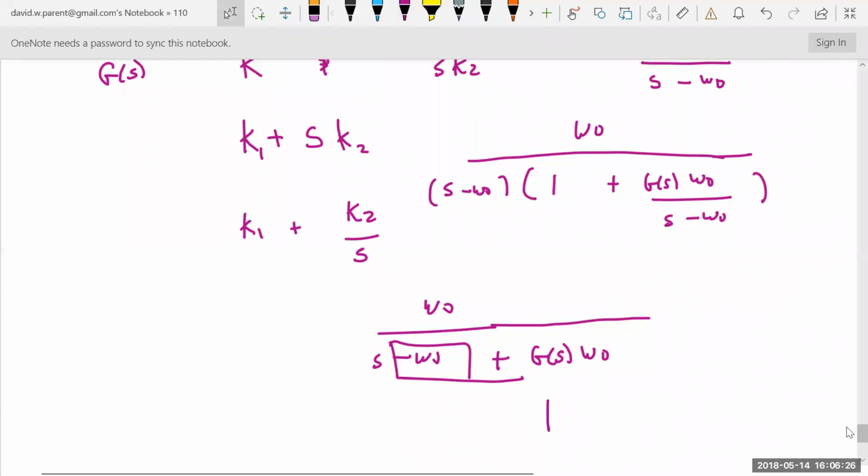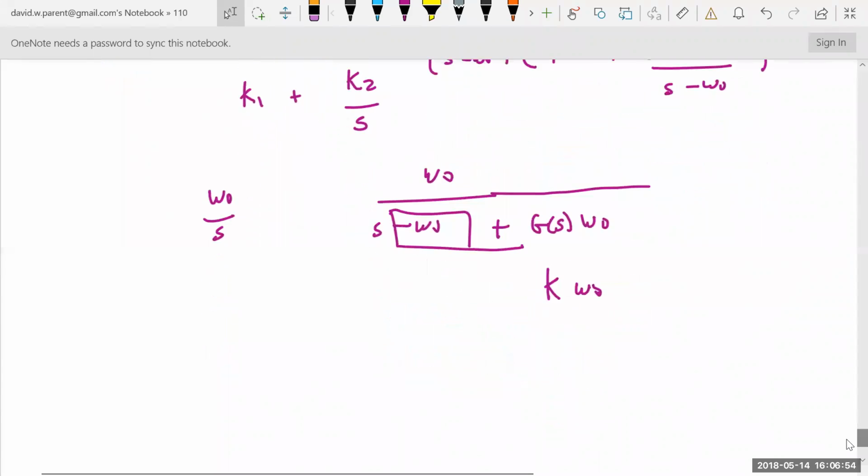If I have K times omega naught, well, if K equals 1, then I get omega naught minus omega naught, and then I just have this, which is an integrator, which is in fact unstable. So I just have to make K big enough to make this non-negative. That's it, right? But let's just modify it.